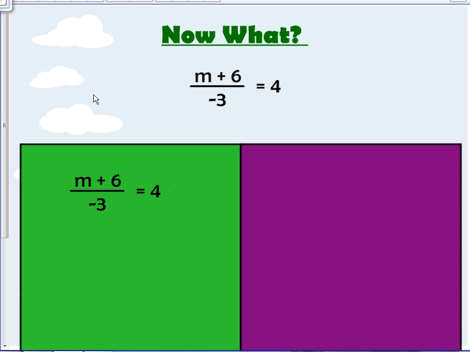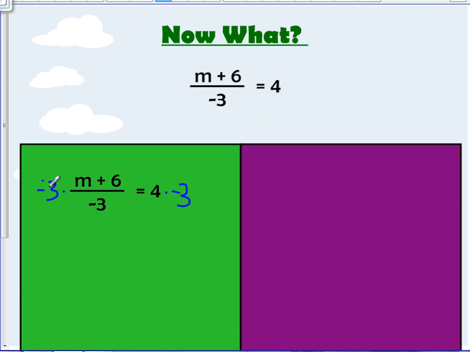Oftentimes, you have a problem that looks like this. We have m plus 6 divided by negative 3 equals 4. In this case, we cannot do the inverse of the addition problem because the problem is being divided by this negative 3. So we actually have to do the multiplication and division first. We're going to multiply by negative 3 first. Since I did it to this side, I'm going to multiply by negative 3 over here.